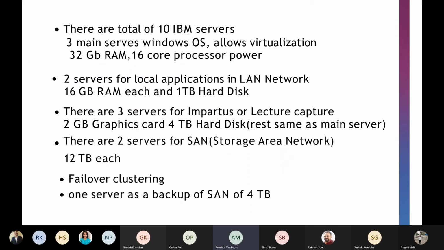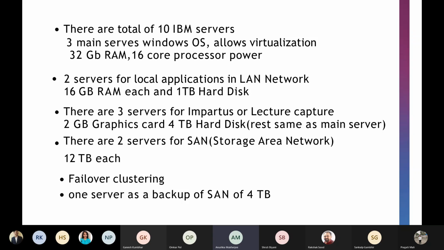We have 10 main servers in our server room, and the distribution of the servers goes as follows. There is a total of 10 IBM servers, out of which 3 are the main servers. These are used for all purposes, and they run on Windows OS.